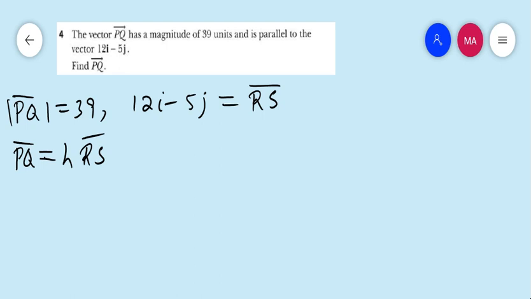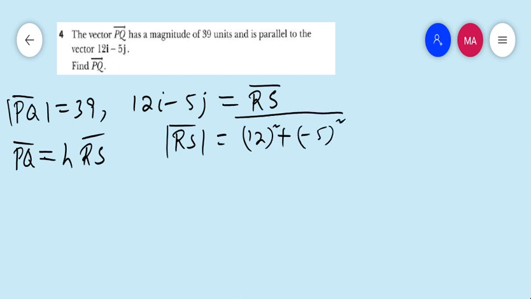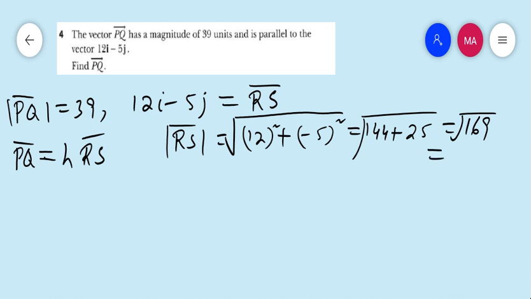Now we have to find the magnitude of RS. The square root of 12 squared plus minus 5 squared. 12 squared is 144, minus 5 squared is 25. 144 plus 25 is 169, and the square root of 169 is 13.